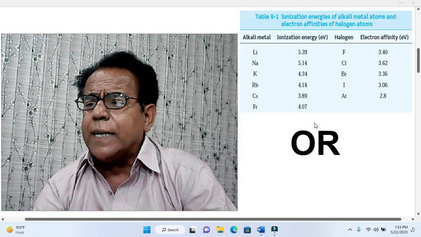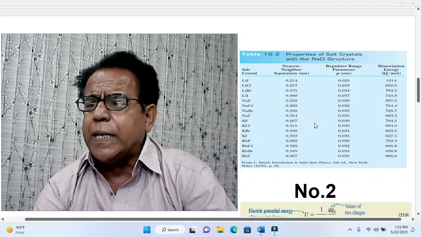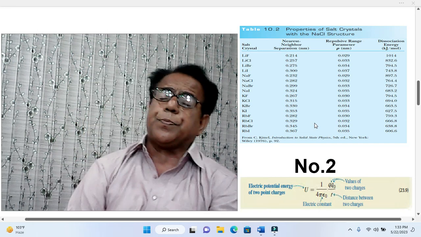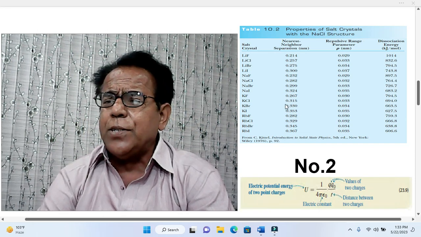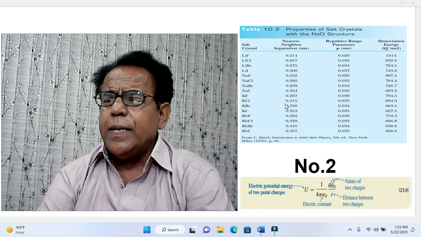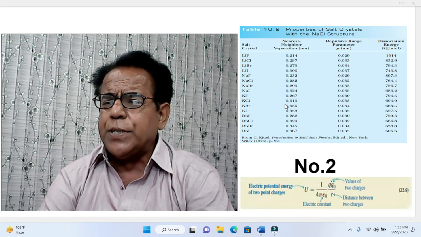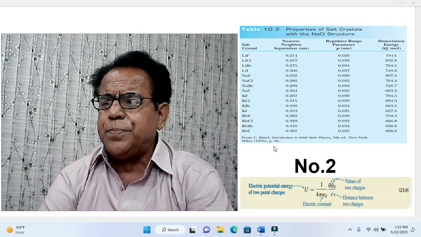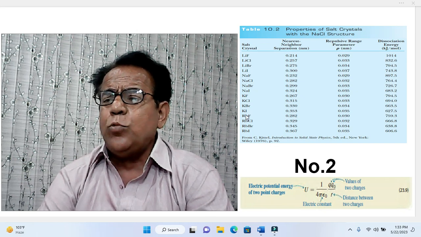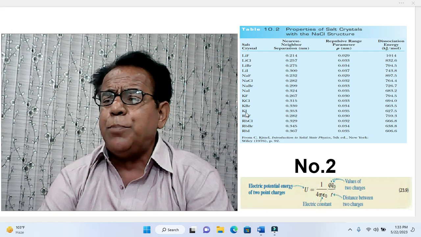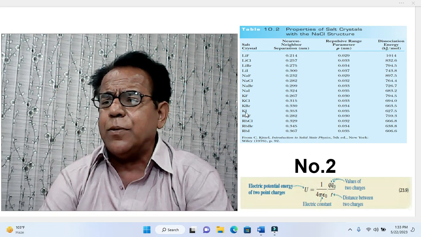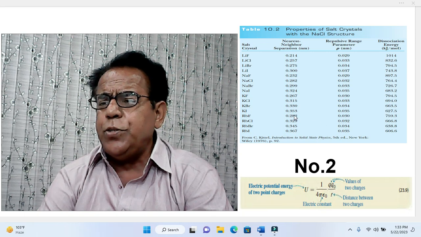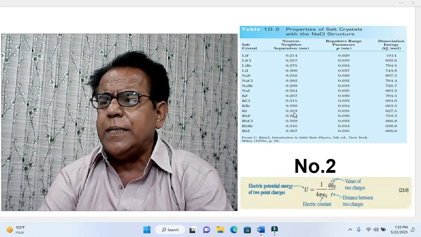Now we take its alternate version in which these values will again be repeated. This is the alternate version of tool number 1. Here we find where potassium occurs. Dear students, here KI, potassium iodide, is given. It has the value 0.353 nearest neighbor separation, 0.353 nanometer.